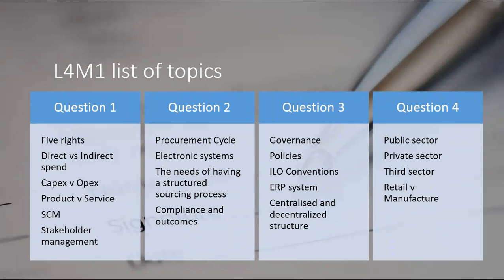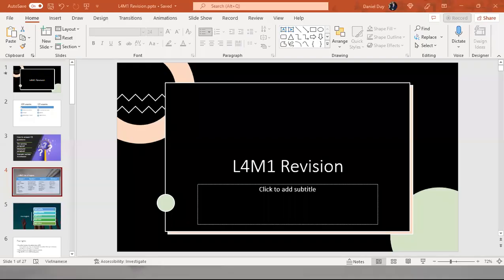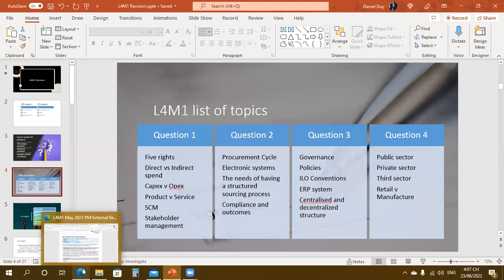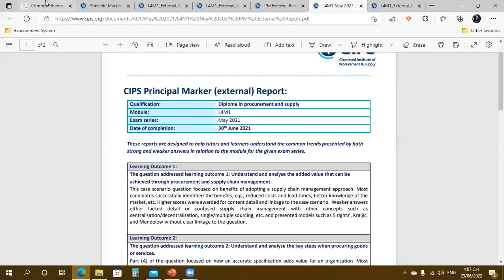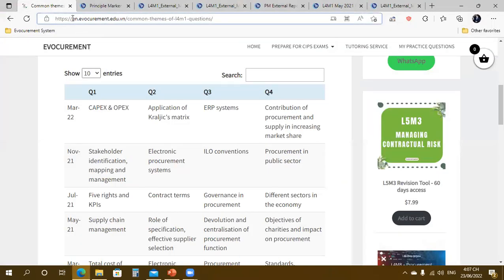If you follow our website and social accounts, you may know that we have a list of topics for L4M1, and we have published it on our website at en.evocurement.edu.vn.